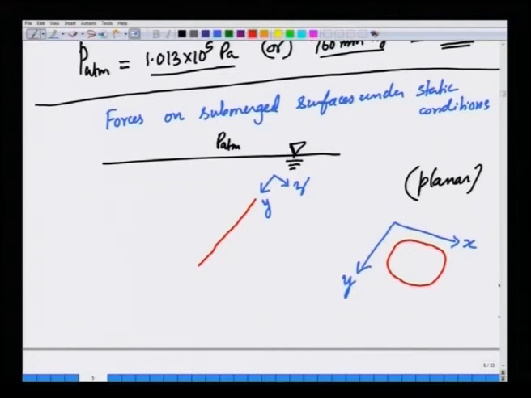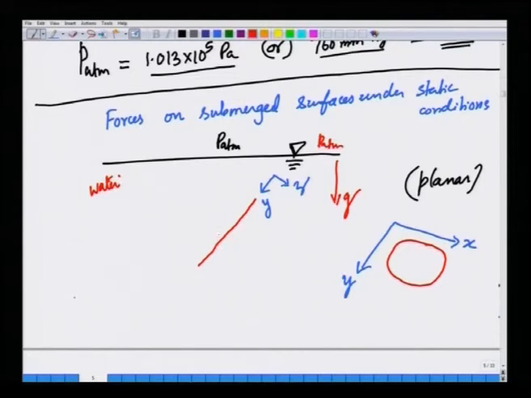Let us say the liquid is like water, and gravity is acting in this direction, and this is the liquid surface where the pressure is atmospheric. We want to know what is the force that is exerted by the fluid on one side of this planar surface.